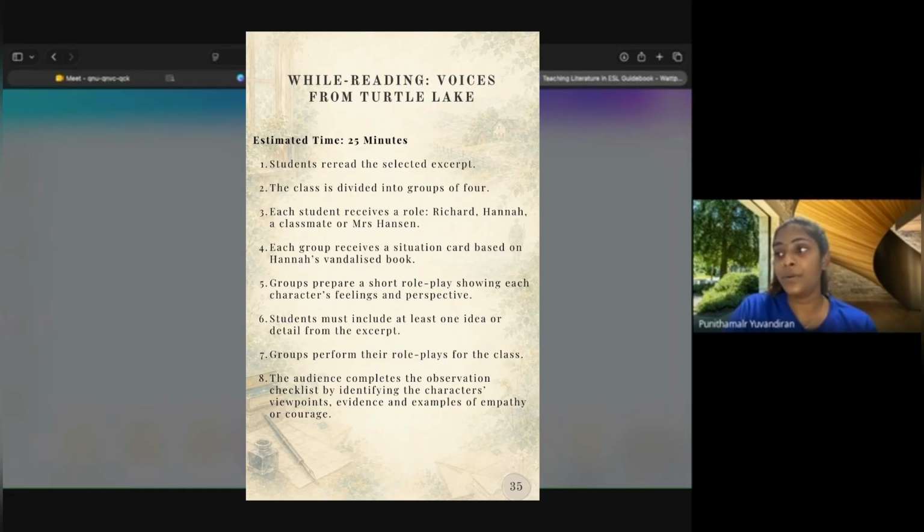They prepare and perform a short role play showing the different perspectives surrounding the incident. The audience completes an observation checklist by identifying each character's point of view and an example of courage or empathy.